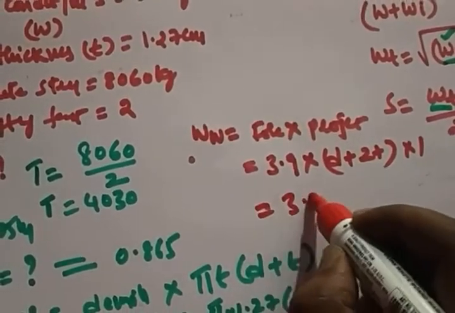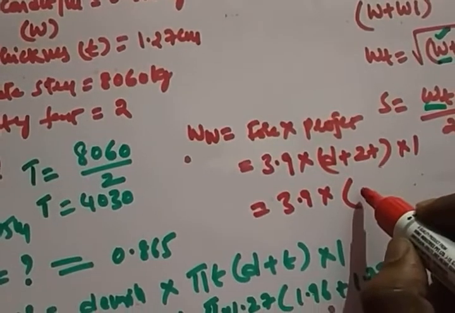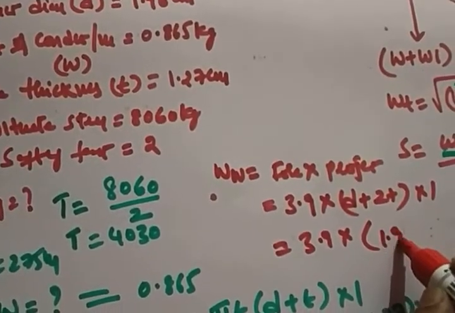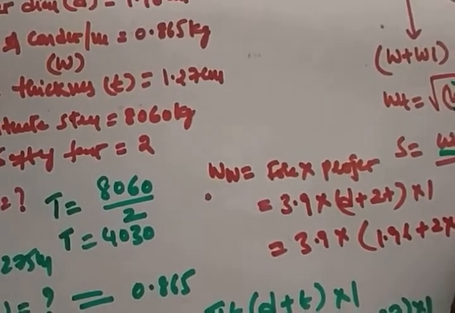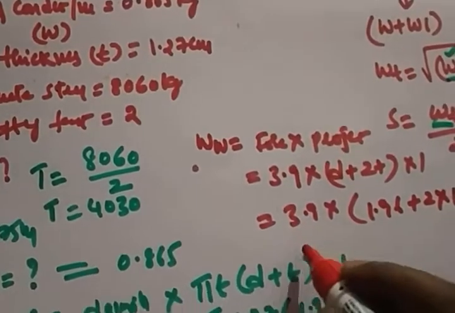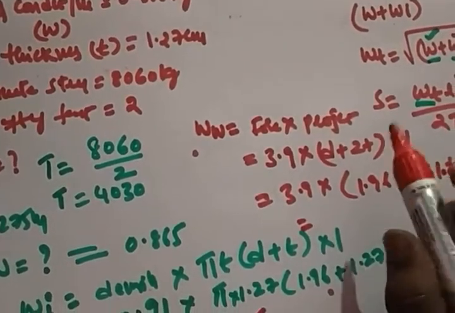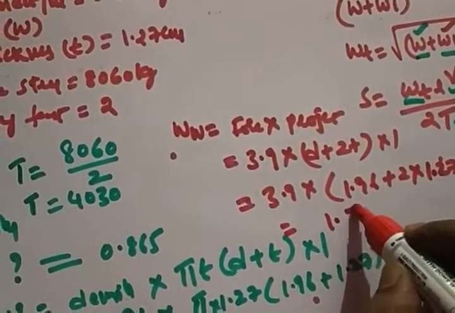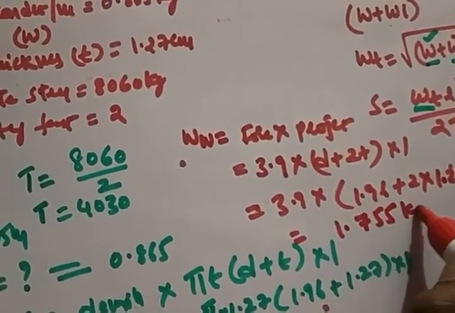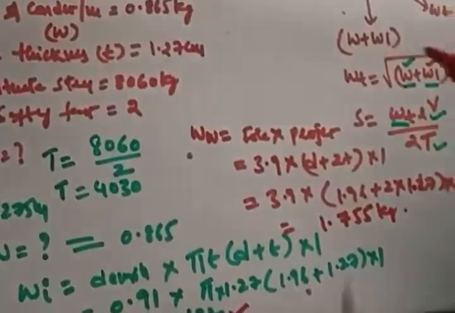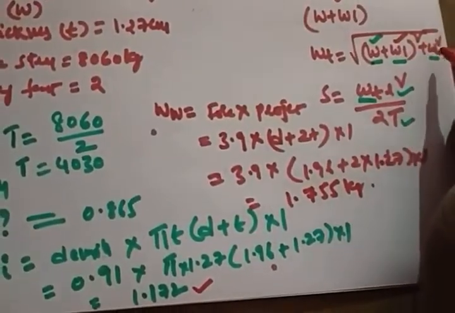Substitute here: 3.9 into (diameter 1.96 plus 2 into 1.27) into 1. Calculated, you will get the result of WW as 1.755 kg.